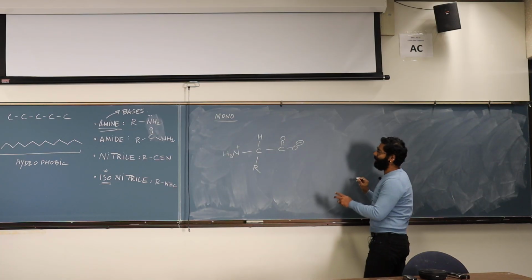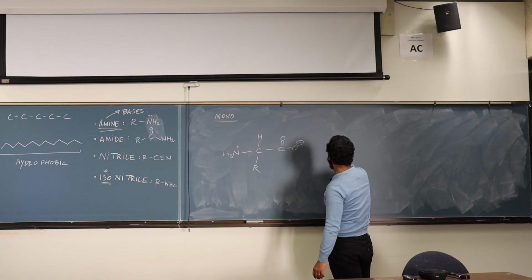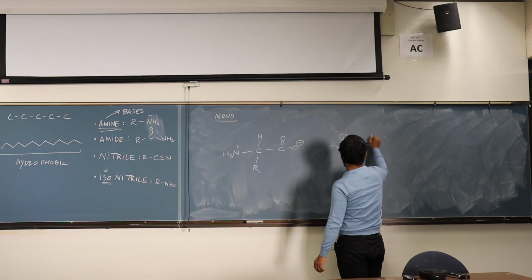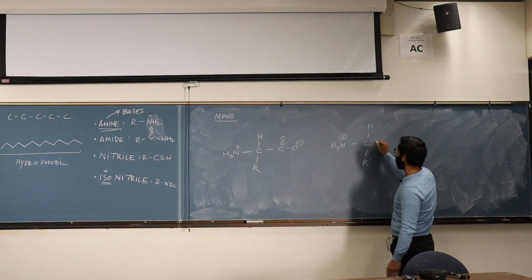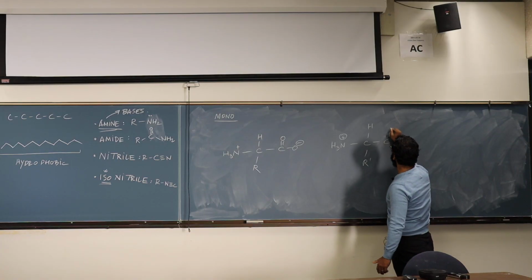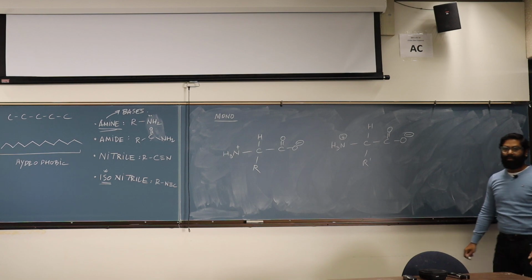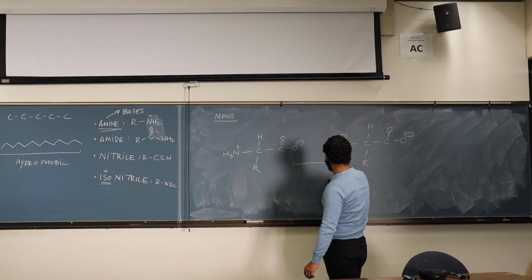You can have another amino acid, another monomer come in here, and this will be N, C, H, maybe this is R dash, maybe this is R, doesn't matter. What will happen is there will be a bond formation here.